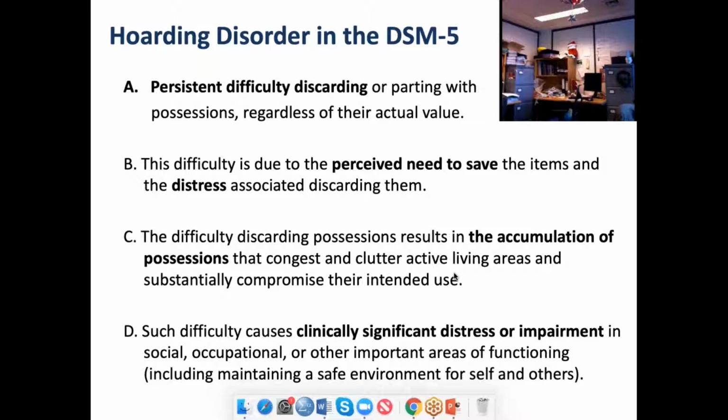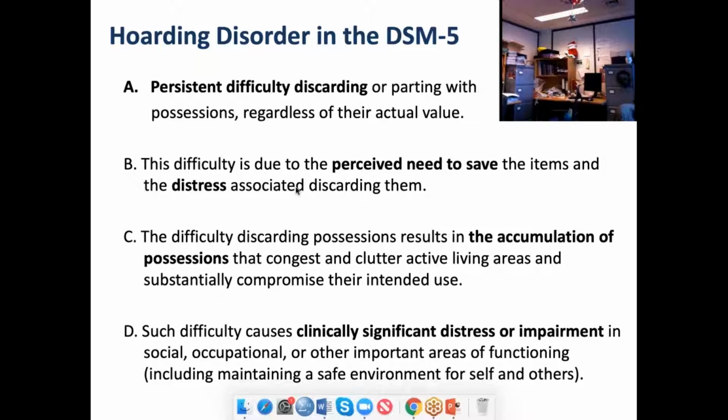So the first criterion that we see here is the individual has to present persistent difficulty discarding or parting with possessions, regardless of their actual value. And then the second thing is, the difficulty is due to the perceived need to save the items and the distress associated with discarding them.